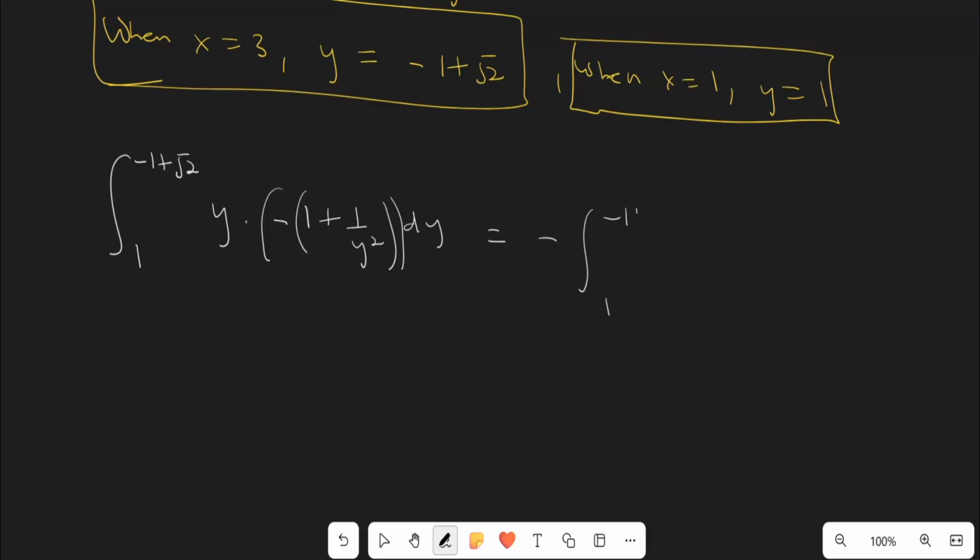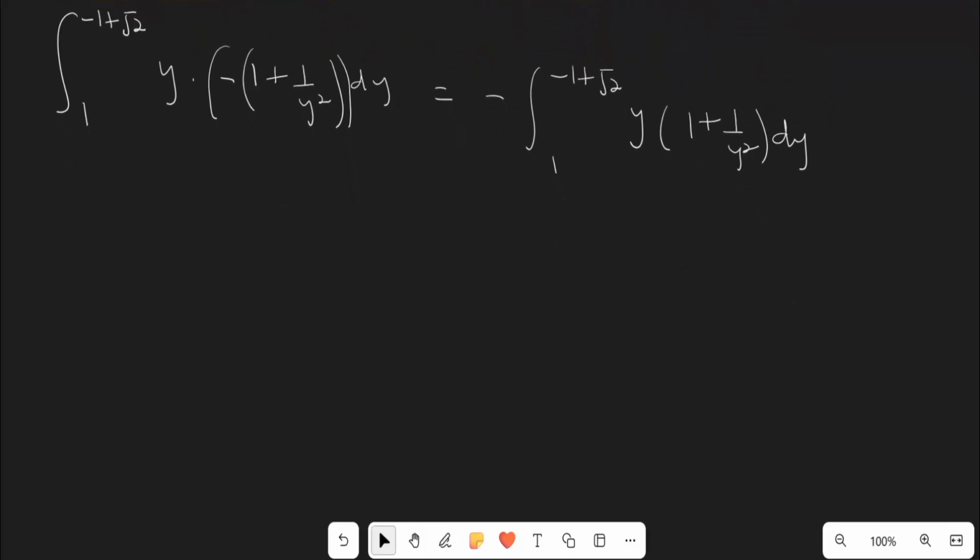Okay, so we can switch the limits, and that will nullify the negative, so the integral is from negative 1 plus the square root of 2 to 1 of, we can multiply, 1 plus 1 over y dy.